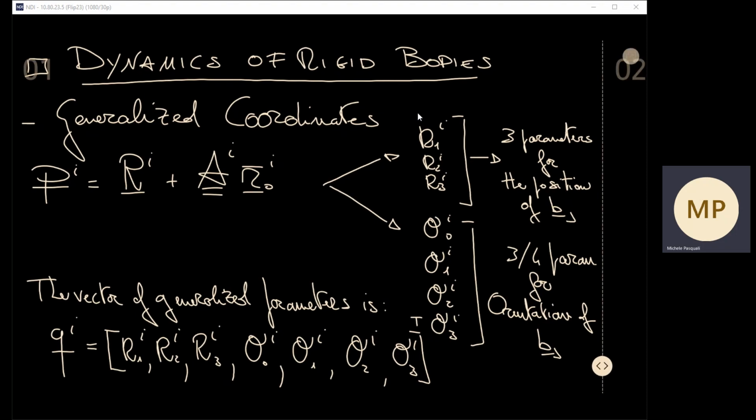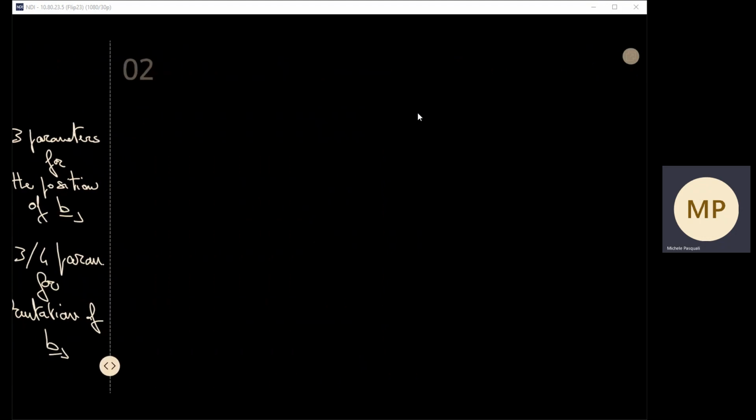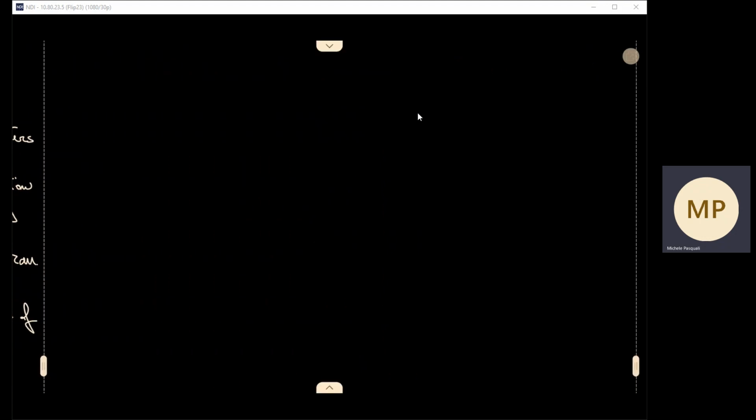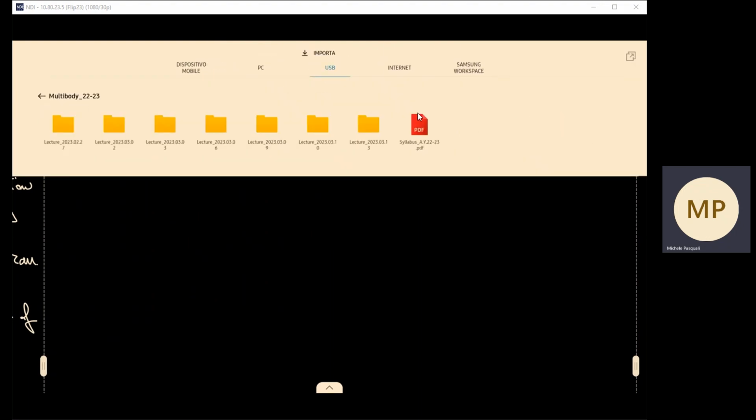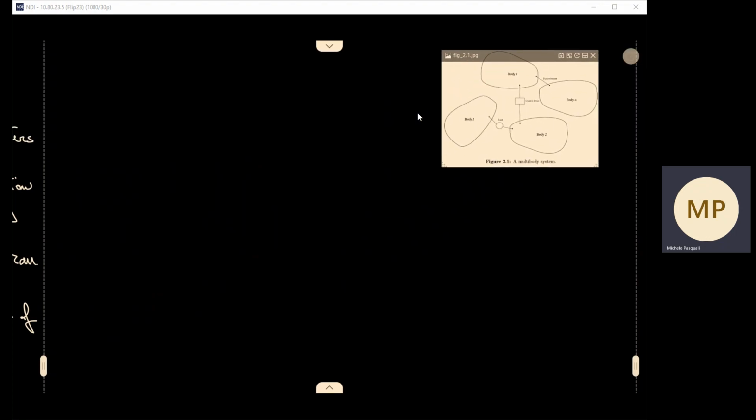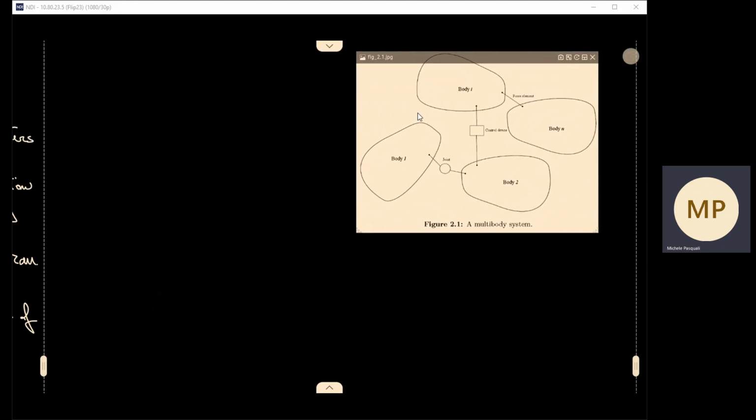So, for example, let's consider this system of bodies. Imagine a system of multiple bodies like this. Body 1, body 2, body i. And then there are some links, some joints, some connections between them.